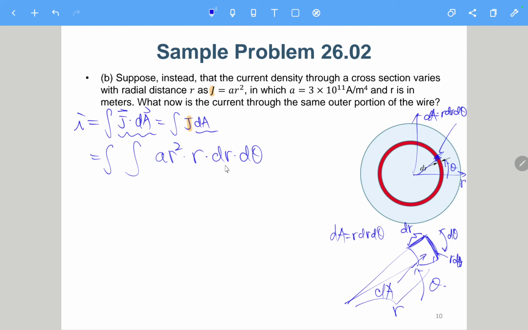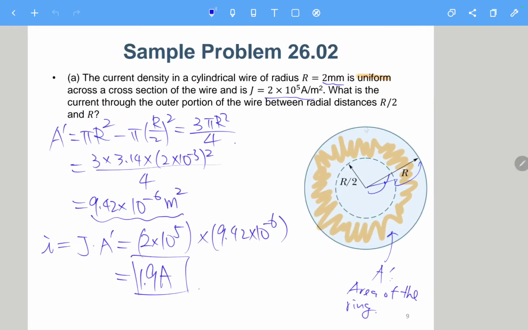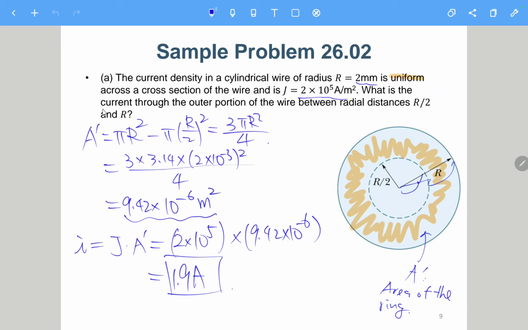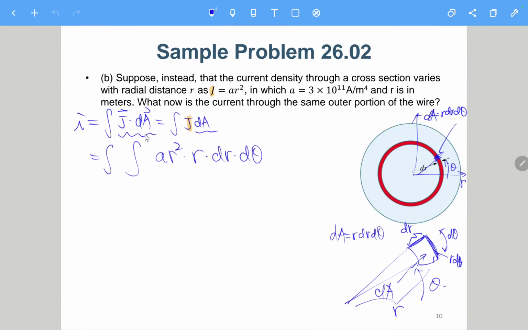And here we need to integrate dr d theta, so we need to determine the lower and upper bounds. For dr, rather than calculating for the whole circle, we just count it from r over 2 to r. So the lower bound and upper bound should be r over 2 and r respectively.